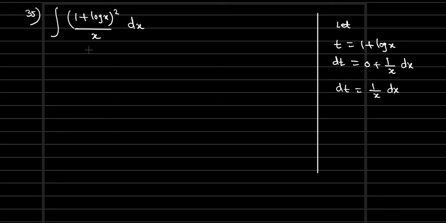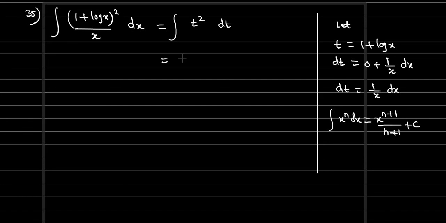Now this stuff we can substitute here. 1 plus log x is what? T. So t square. And 1 by x dx, product of 1 by x dx only dt. Now using integral x power n dx formula. If some function is raised to some numerical value, then what is the thing we need to do? X power n plus 1 by n plus 1 plus c.